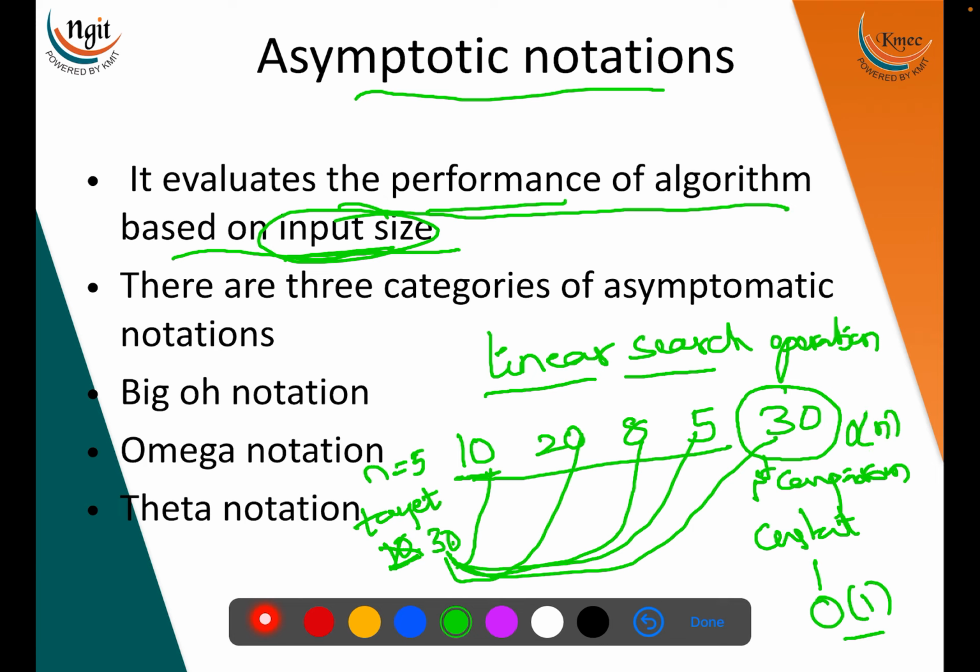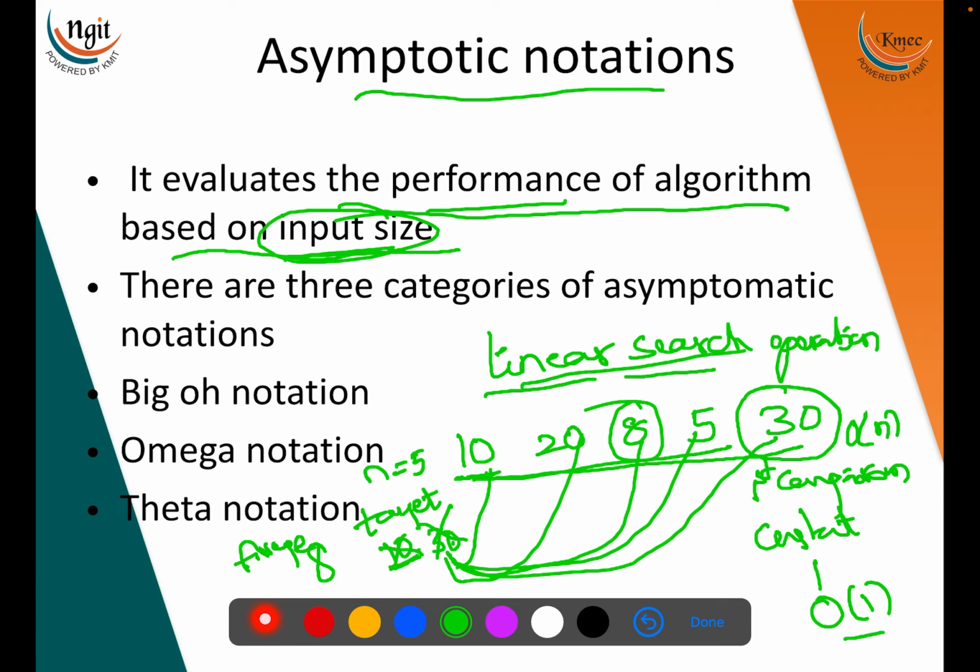Now, if you change your input again and this time my input is 8, then I will not go till the end of the list. I will find it in the middle position. So this is the average case. Hope you are understanding.